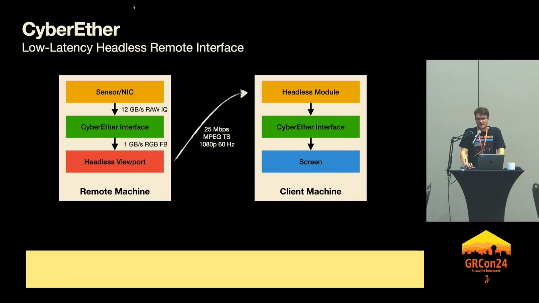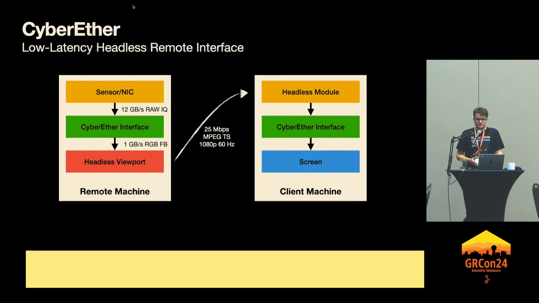So a CyberEther instance is running on the server that is receiving the data. CyberEther is rendering the data on a frame buffer. That frame buffer, the headless viewport that I'm talking about, is compressed using H.264 or H.265. If you want a lossless conversion, you can also use FFV1, which is a lossless codec that does a good job, but is not as efficient as H.264 and H.265.